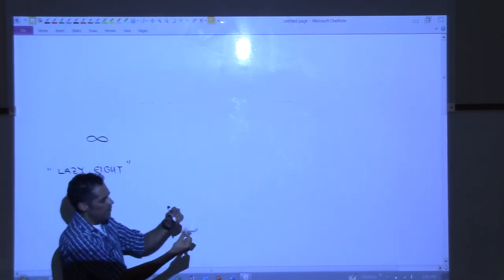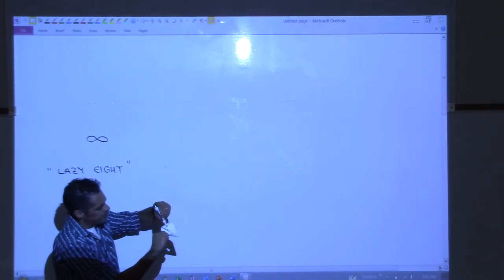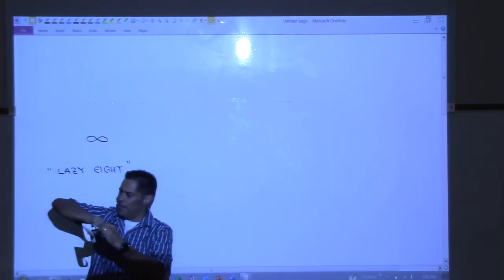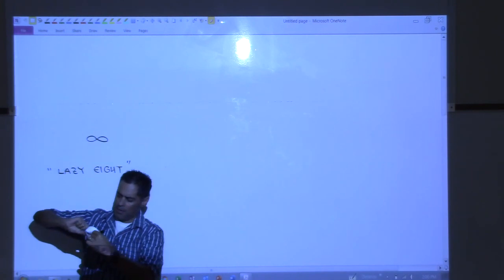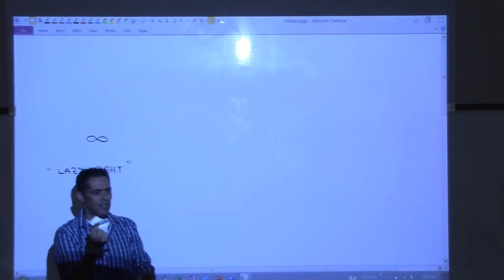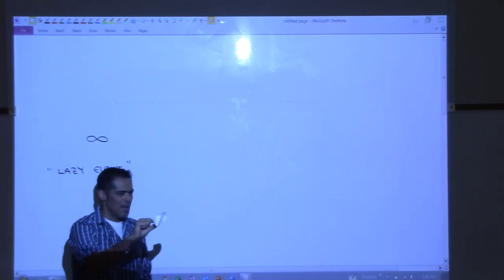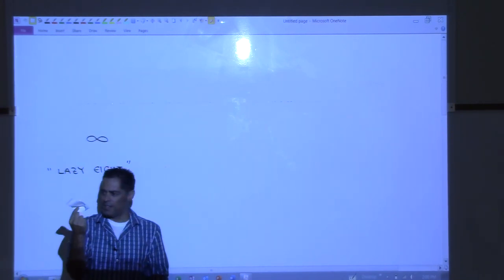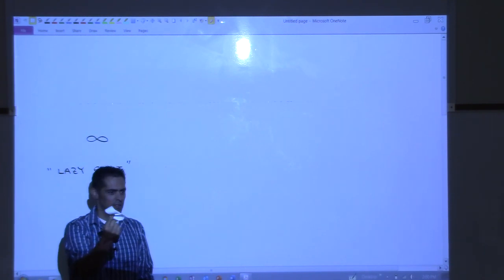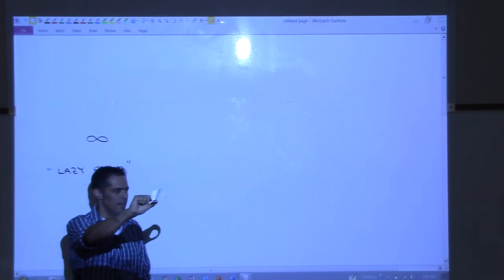And this strip, if you follow your thumb around, you're going to wind up on the same side that your finger's on, and then you come back around and you're back to your thumb, which means that my thumb and my index finger are on the same side of this sheet, which means this is an example of a single-sided sheet, a surface with one side.